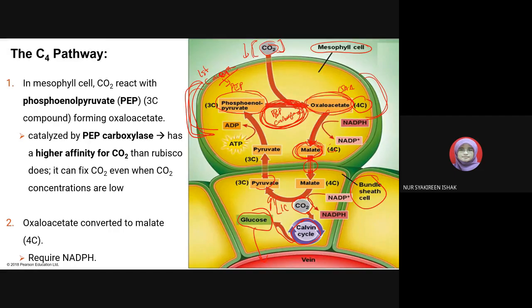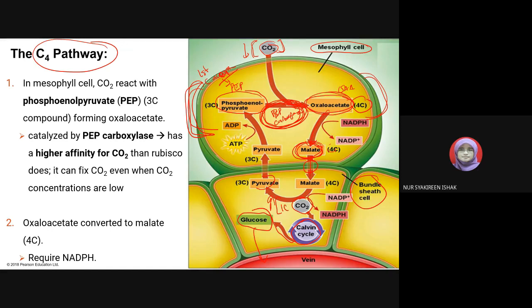Okay, so basically for C4, remember this is a misinterpretation by most students. If the question asks, does C4 require rubisco? It still requires rubisco. It still requires RuBP, because a C4 plant still undergoes the normal Calvin cycle to produce sugar, but the location is different.